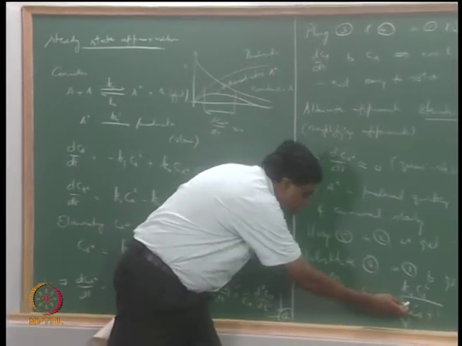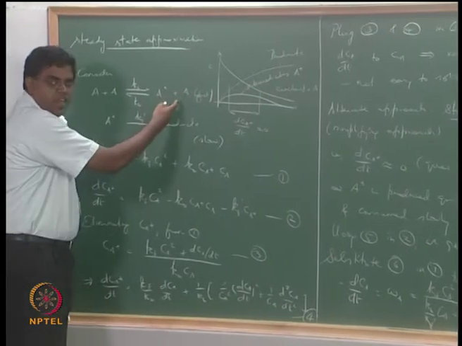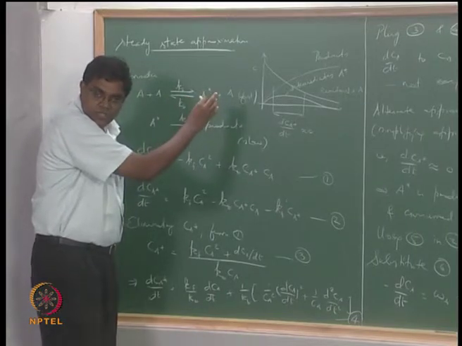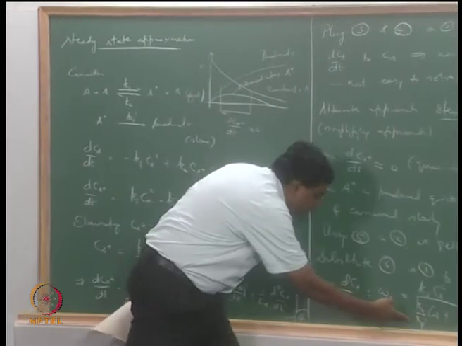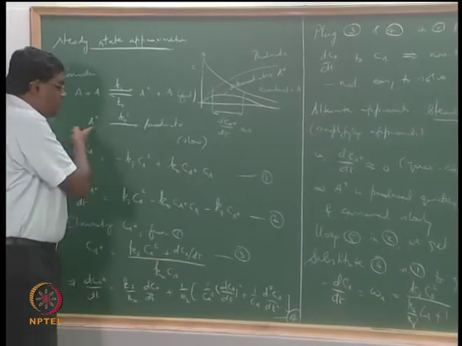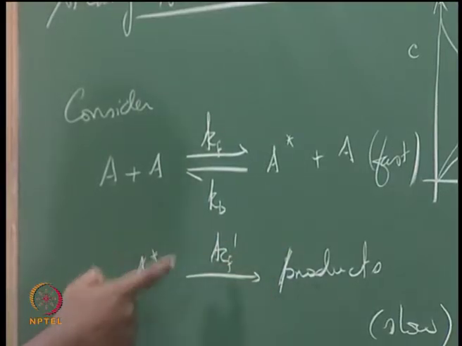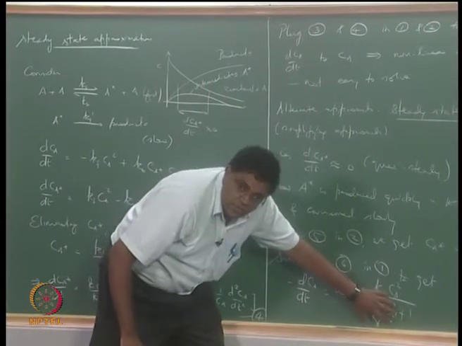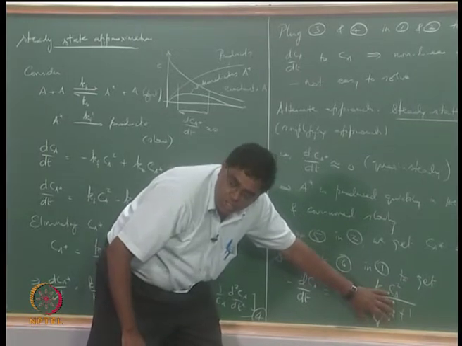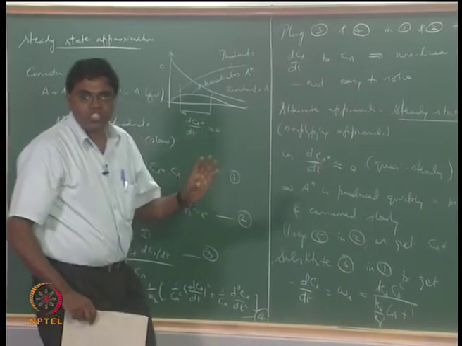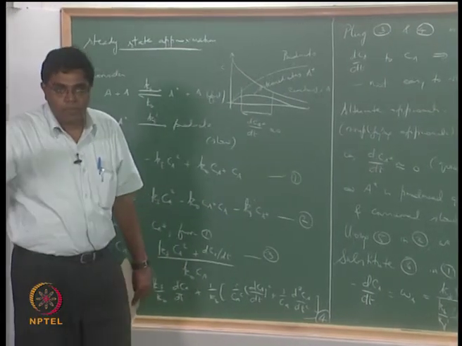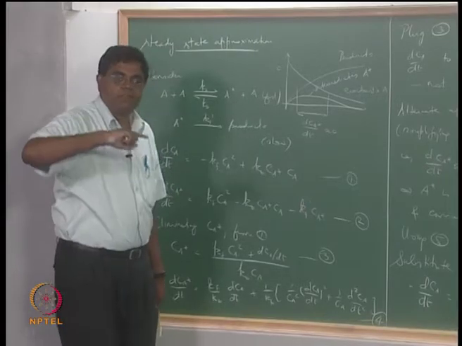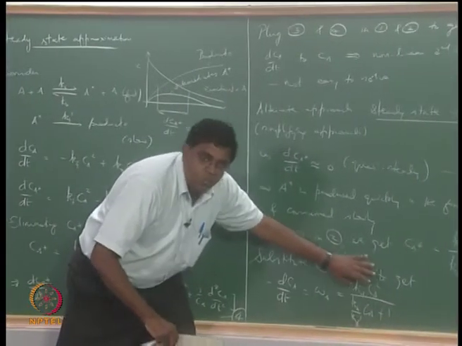The KB CA is coming from the reverse reaction, where A star is getting consumed, and the KF prime is coming from the third reaction that is also consuming. So essentially, in order for us to understand whether this is going to be much larger than 1 or much smaller than 1, we are looking at how the competition between the two reactions that are consuming A star fares in relation to the one that is producing A star.